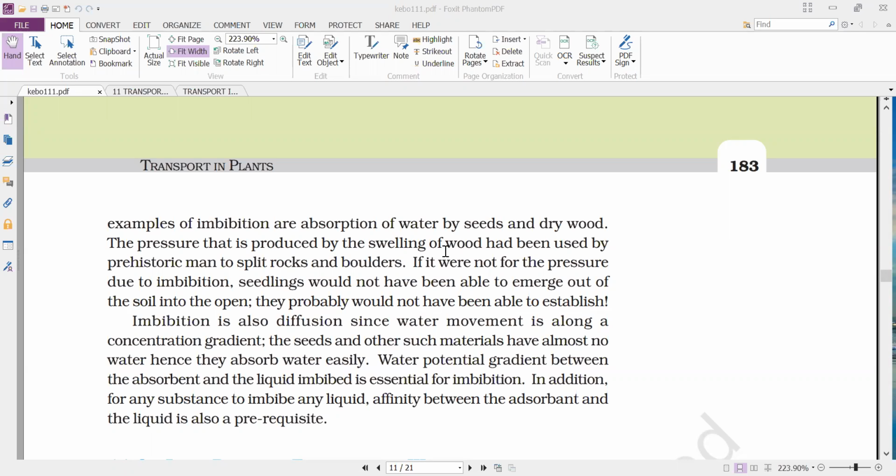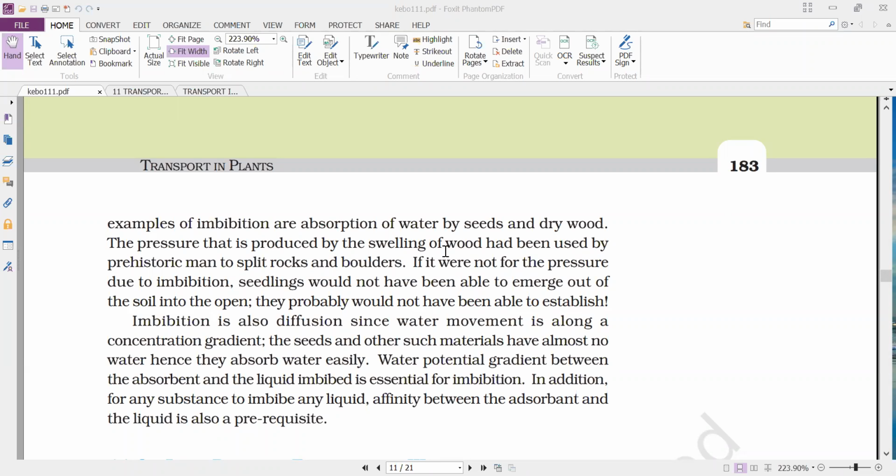As a result, we find it a little difficult to close the windows or doors during the rainy season if they are not properly varnished. This is because the wood undergoes imbibition by absorbing the moisture.